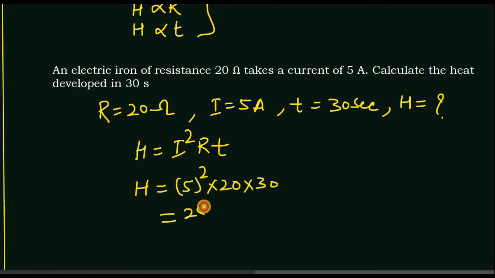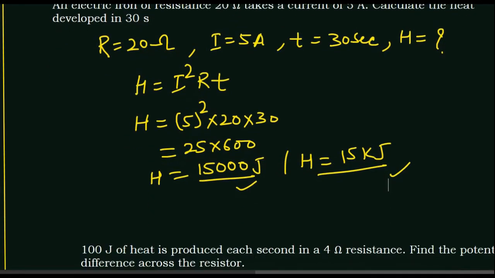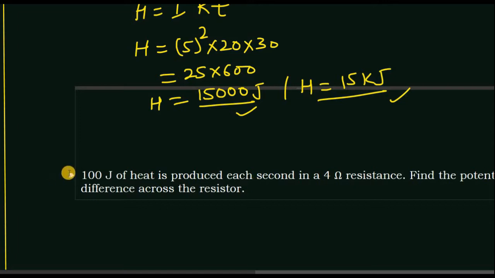So it will be 25 into 600, which is 15,000 joules. You can write H equals 15 kilojoule, or leave it as is, but writing 15 kilojoule is better. This is the first question, and now we try one more type of question related to this topic. What is given?